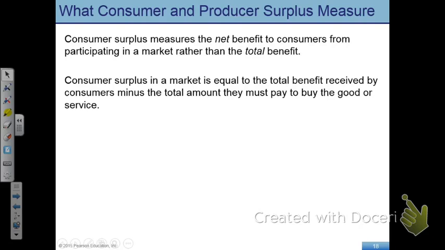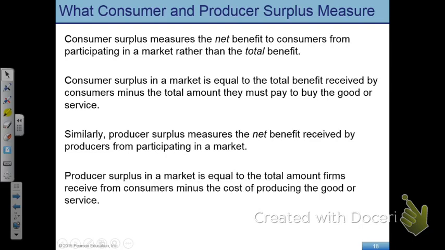Before we move on, let us remind ourselves the basic definition of what consumer surplus is. The definition is important, and the interpretation of consumer surplus and producer surplus is also important. So, consumer surplus measures the net benefit to consumers, and producer surplus measures the net benefit to the producers.